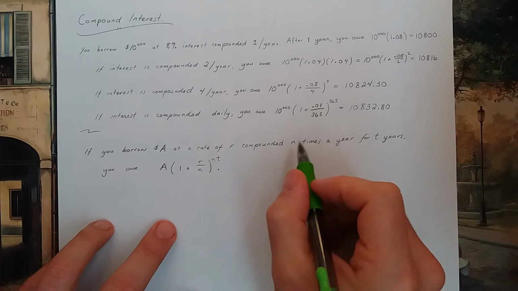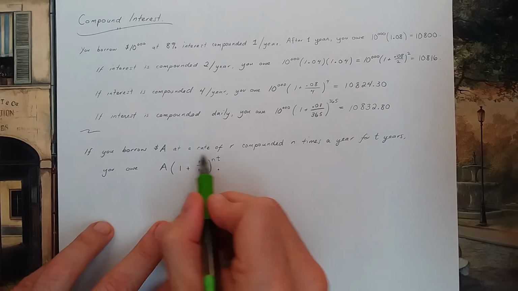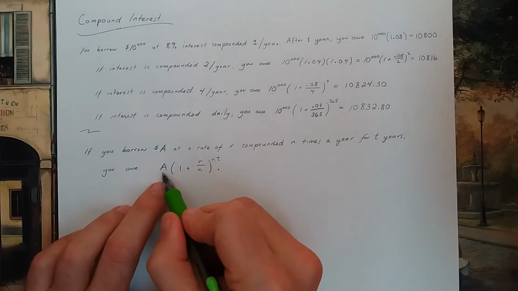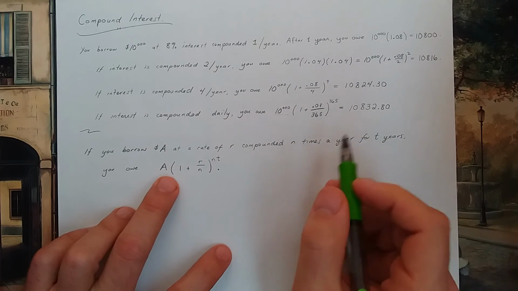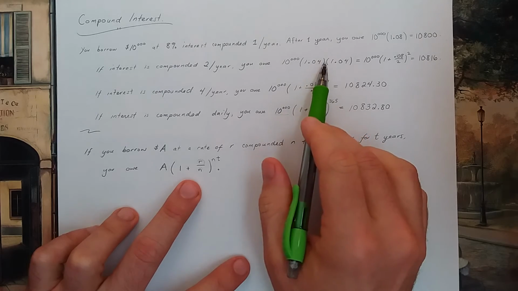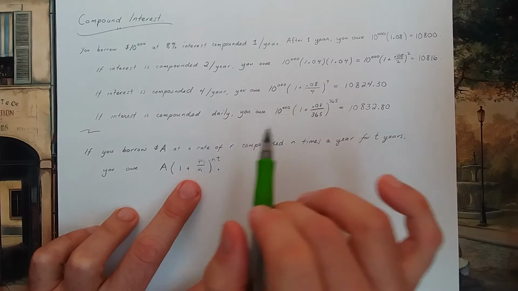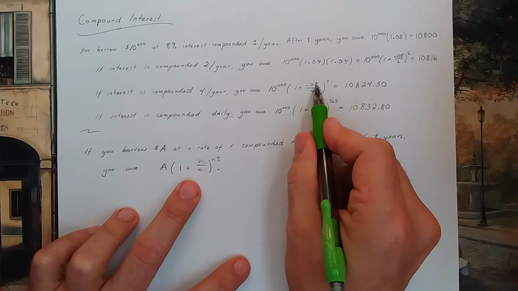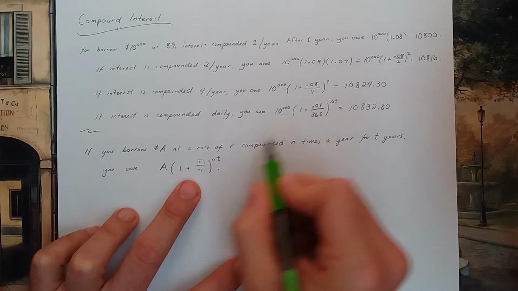So I hope that you can kind of see where this formula is coming from in our previous example. I have a certain amount, that's like the 10,000. I'm dividing the rate into a bunch of pieces because I'm compounding it many times a year. So that's my rate divided by N, like this 0.08 divided by 4 or 365.